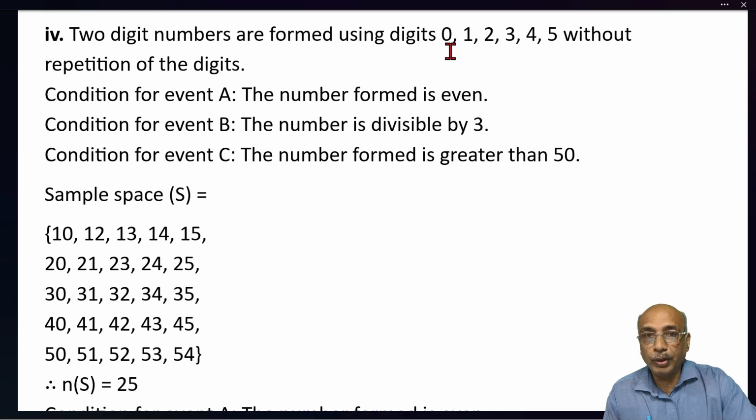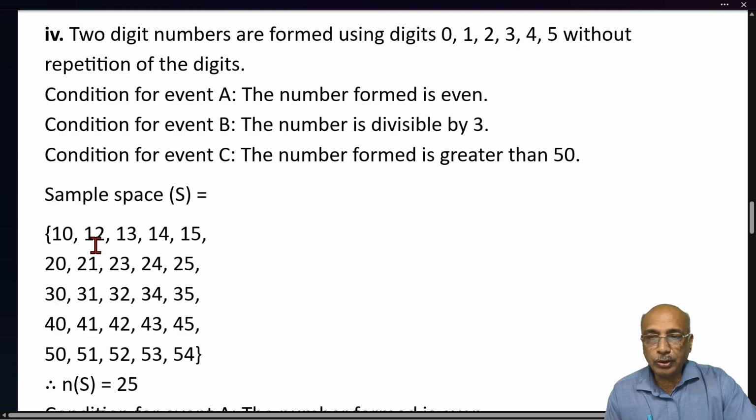So no 01, no 02, no 03, no 04, no 05. But 10. So we come across the sample space. We will take first with 1 and 0: 10, 11 would be repetition, so not to take it. Then 12, 13, 14, 15. Next line 20, 21.